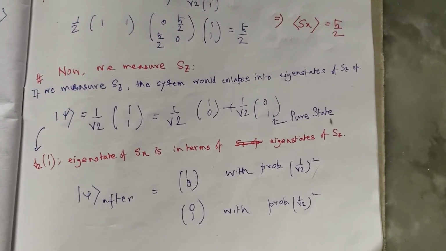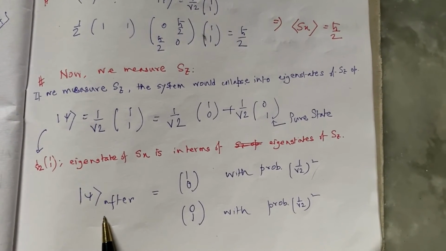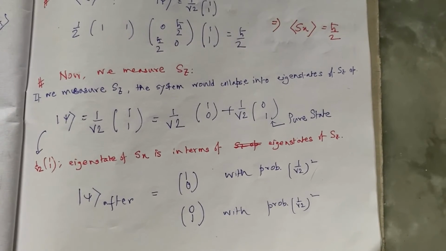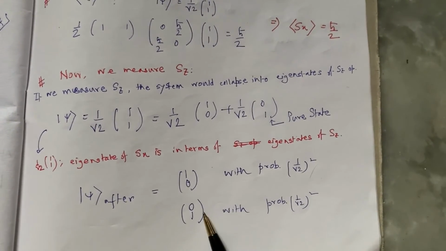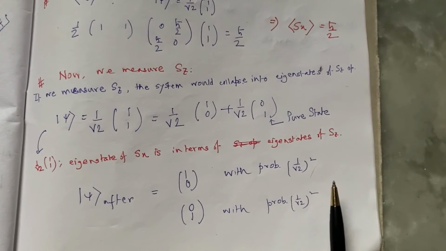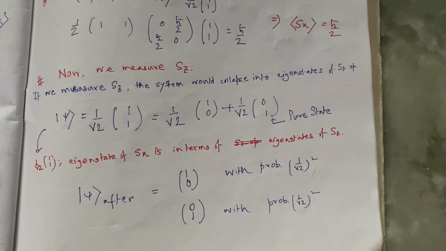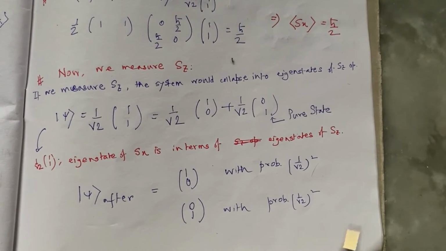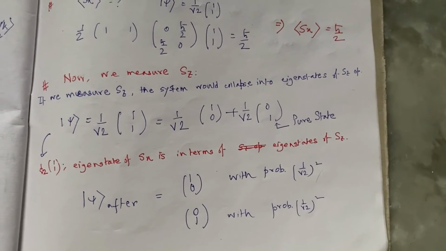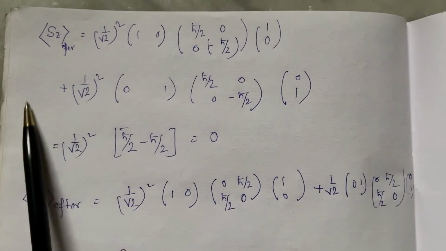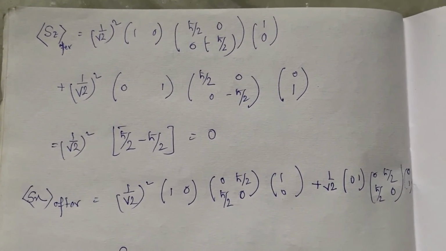So after I try to measure Sz in this state, the wave function becomes this and this. This is having a probability, this one, because it's a i mod square, as we have just learned and we know already. And this state would appear with a probability of half. So here I'm going to find out the expectation value of Sz in the mixture of these states.